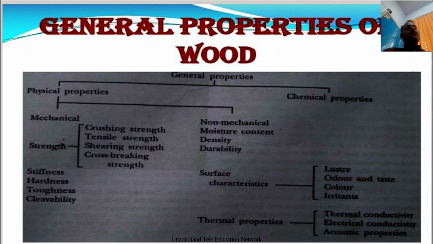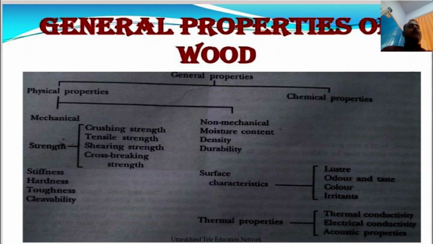Along with it, certain thermal properties like thermal conductivity, electrical conductivity, and acoustic properties, whether it may be utilized in musical instruments or not, are considered when any wood is to be utilized for some specific function. So these were important physical properties.